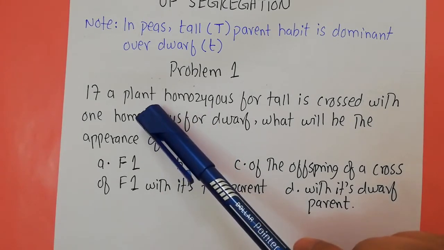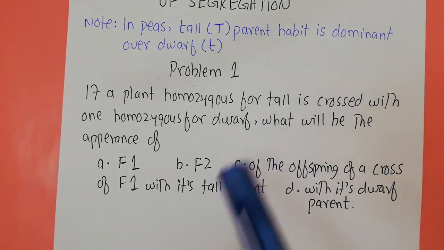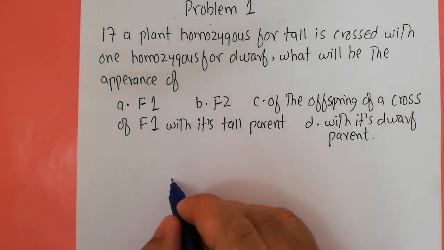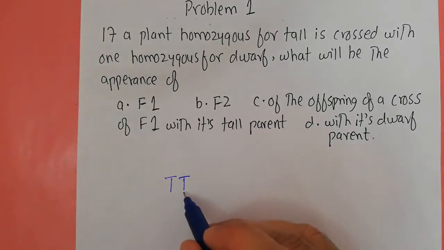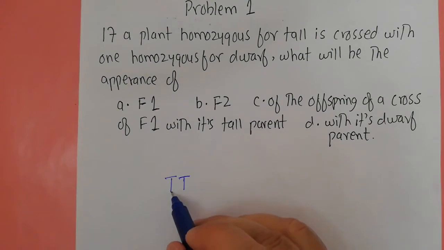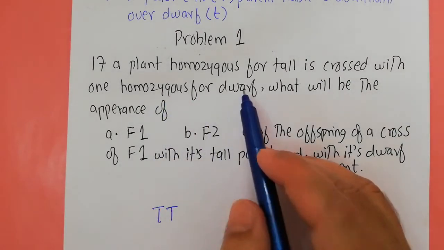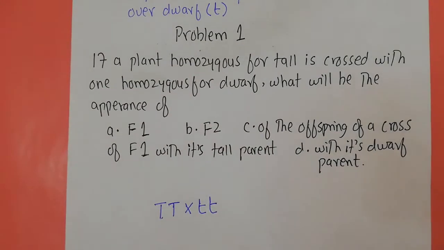A plant which is homozygous for tall has the genotype capital T and capital T, because it is homozygous and tall, so both alleles are for the tall habit. And you are crossing this with another parent which is homozygous for dwarf, meaning both alleles are small t and small t.